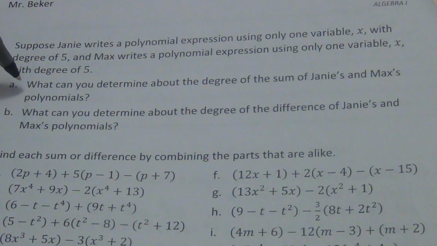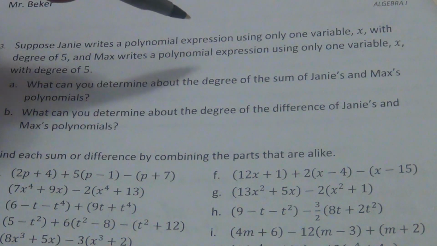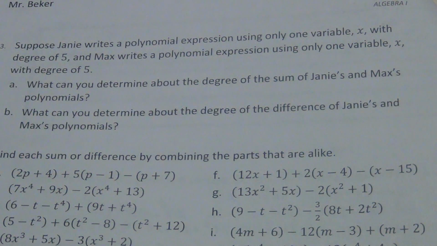What can you determine about the degree of the sum? We know that the maximum is going to be degree 5, so that's what you write. And what can you determine about the difference? Well, the difference could also be degree 5 or anything less than degree 5, but definitely not more than 5, so that's what you're writing here.